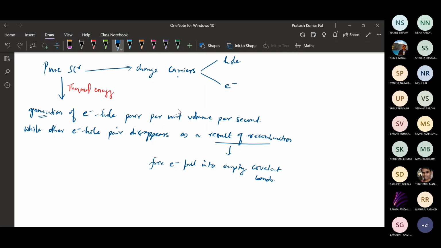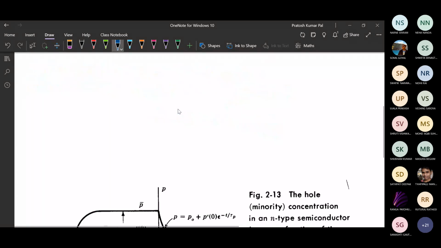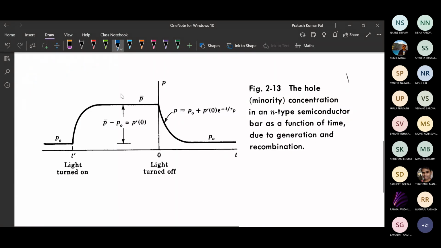So how does this basically affect the semiconductor material that we are considering? Suppose we are having an n type semiconductor. So here at starting, suppose p naught is the concentration, and at t dash time we are turning the light on.